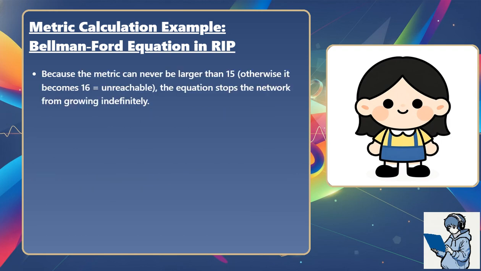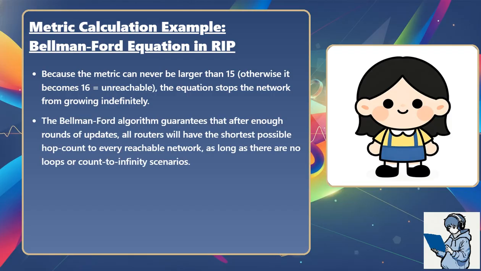Because the metric can never be larger than 15, otherwise it becomes 16, equal to unreachable, the equation stops the network from growing indefinitely. The Bellman-Ford algorithm guarantees that after enough rounds of updates, all routers will have the shortest possible hop count to every reachable network, as long as there are no loops or count to infinity scenarios.